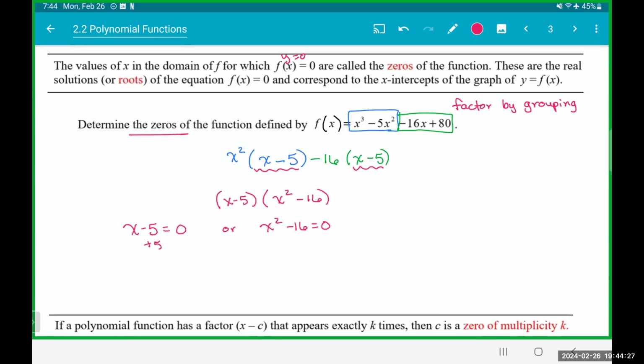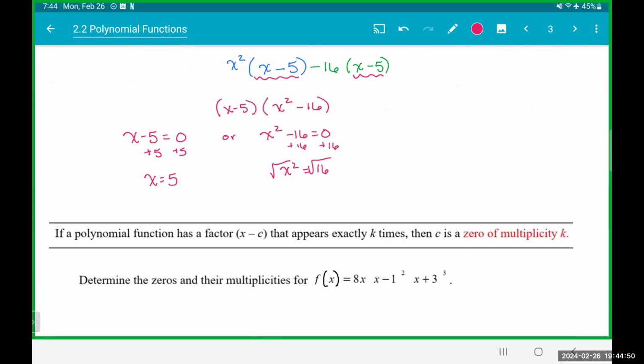So we can add 5 to both sides, and I get x equals 5. If x equals 5, I plug 5 into that equation, and I will end up with 0. Or I can add 16 to both sides for this one, and I get x squared equals 16. We take the square root of both sides, and I get x is equal to plus or minus 4.